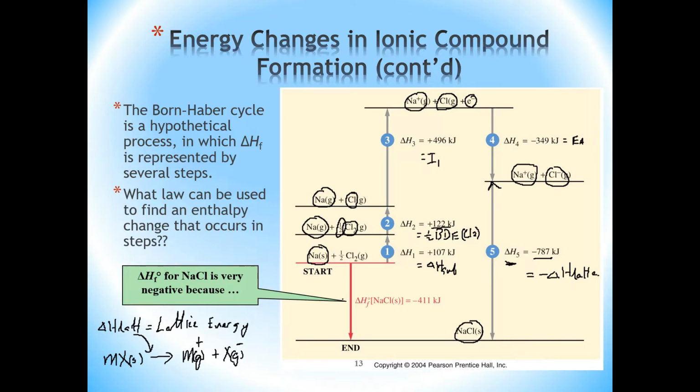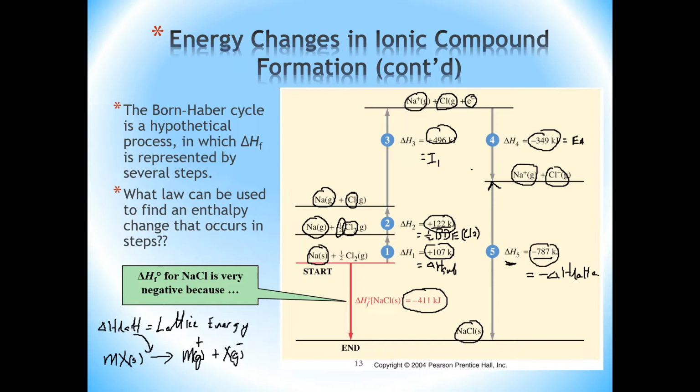So basically, if we want to find out the relationship between all of these terms, you'd see that this here would be equal to the sum of 107 plus 122 plus 496 plus minus 349 and then plus minus 787.